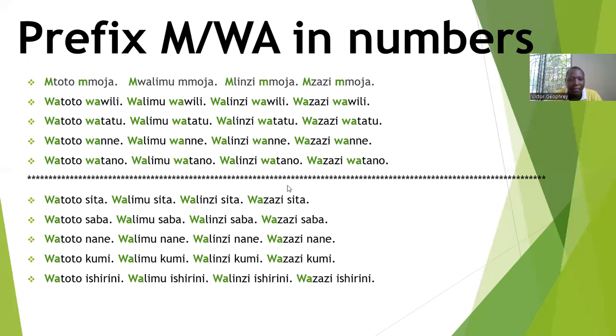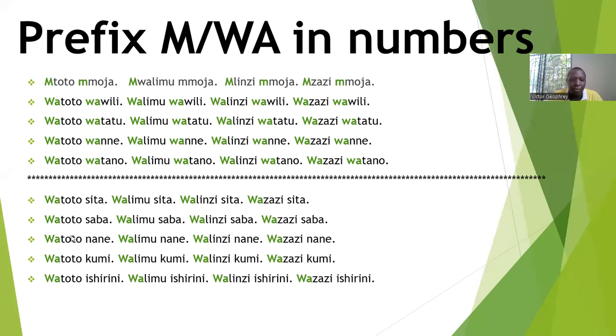You see? Then from 6 to the infinite, to other numbers, you just use the number the way it is. The only thing that you consider is the nouns. You say watoto sita, walimu sita. You will just mention the number the way it is.